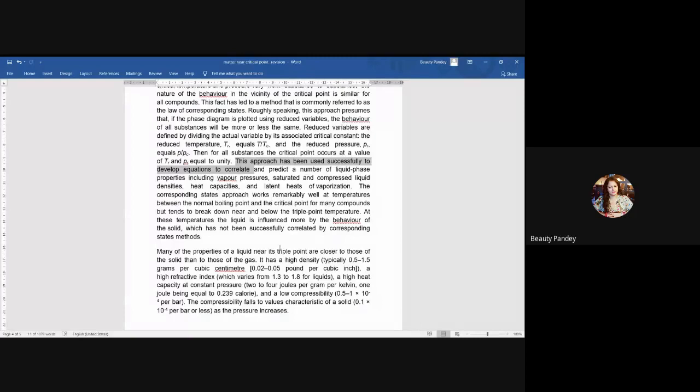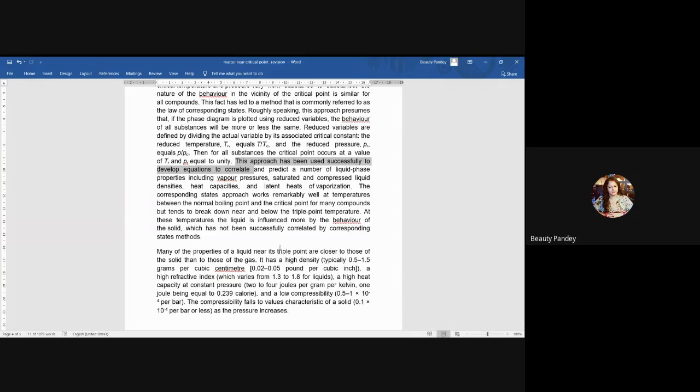That if the plot of the phases is obtained between the reduced variables, all the substances behave more or less the same. So this corresponding state approach works remarkably well for temperatures that lie between the normal boiling point and the critical point, but it tends to break near and below the triple point.